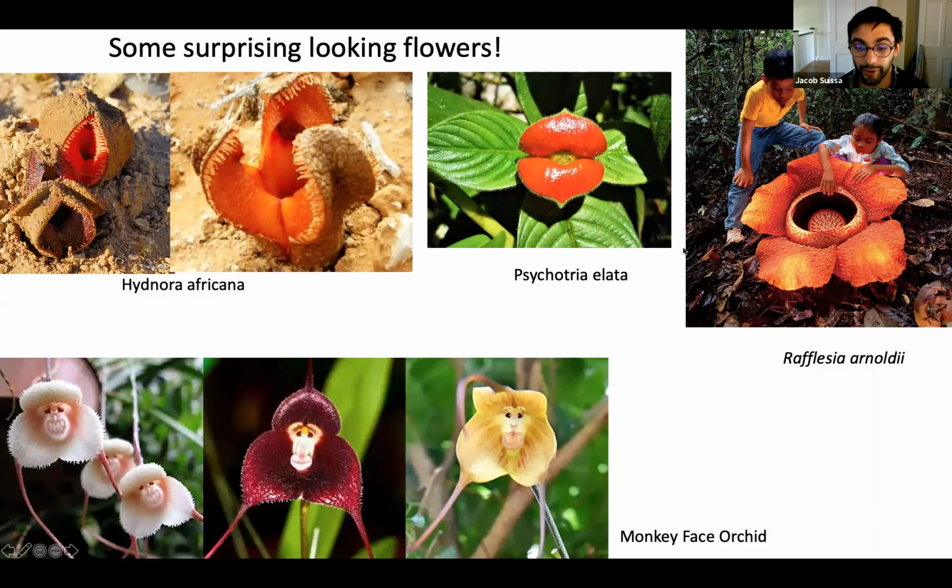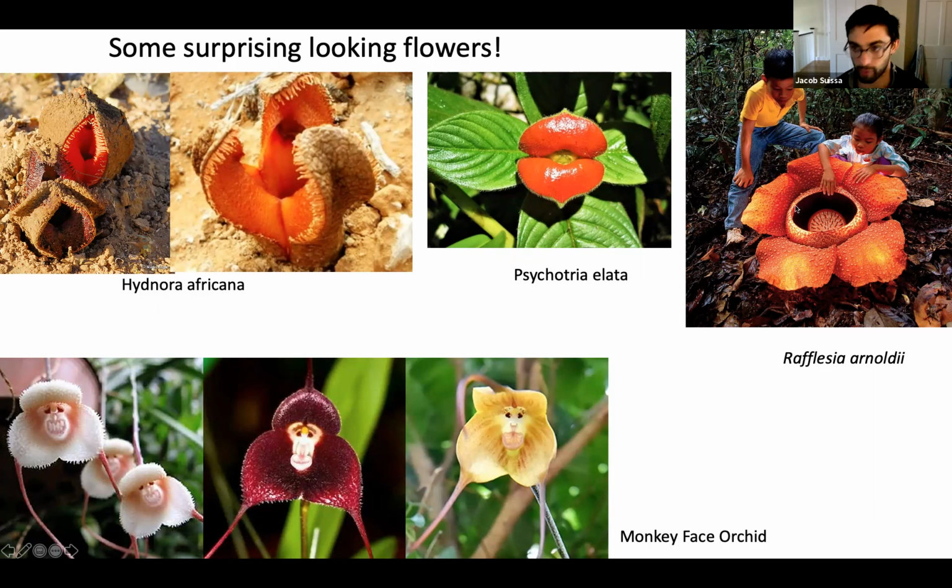And then there are some crazy looking flowers. So this is a parasitic plant. Actually, this plant right here on the left, and this plant right here on the right, Rafflesia, these are parasitic plants, and they don't produce anything except for flowers. It's kind of crazy. And you can see that they look super weird.